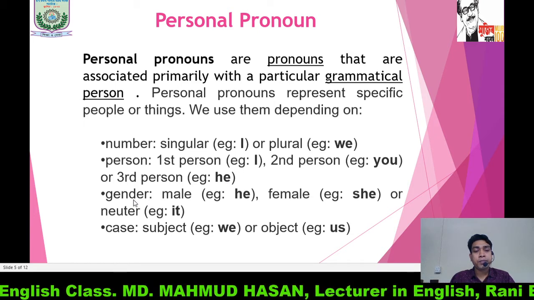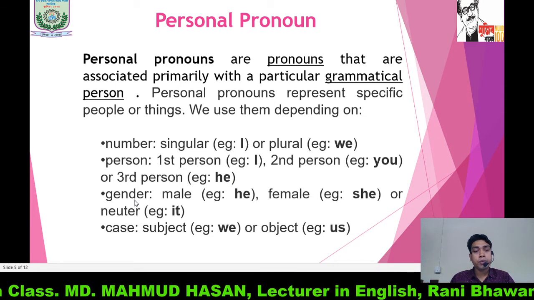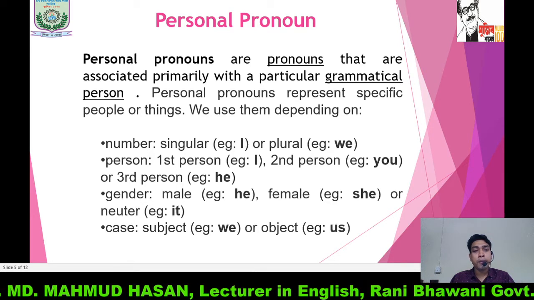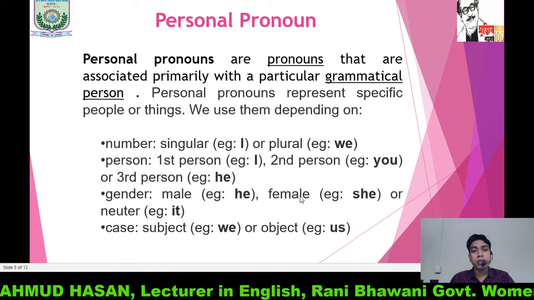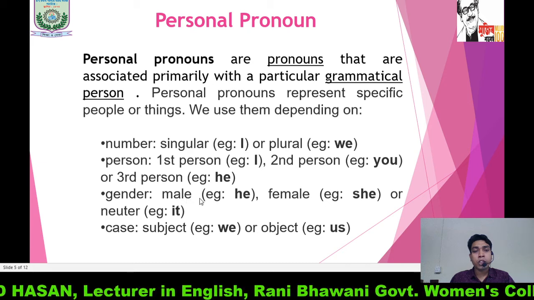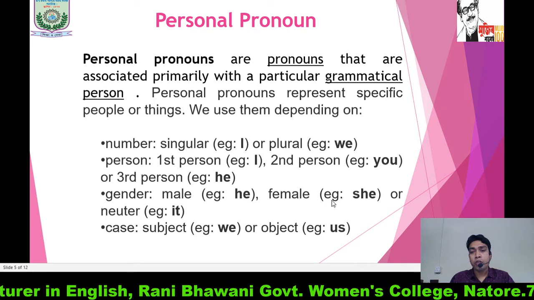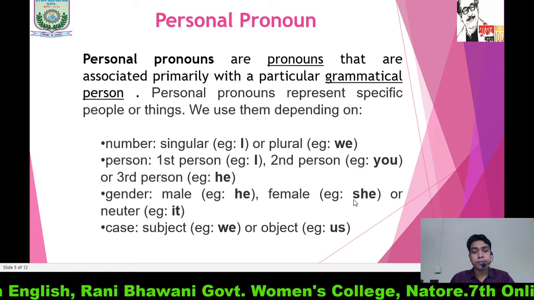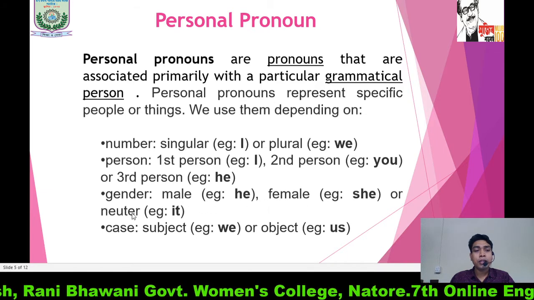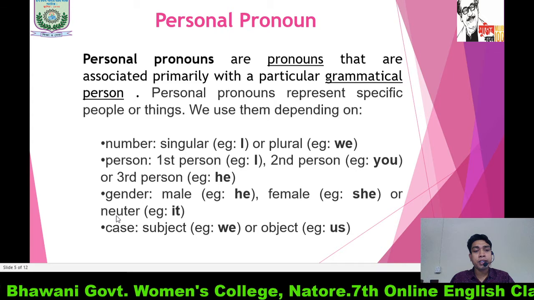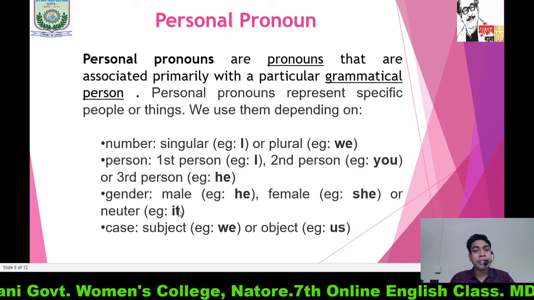Depending on gender, personal pronoun might be male or female. In respect of male, he; in respect of female, she; and in case of neuter gender, it.